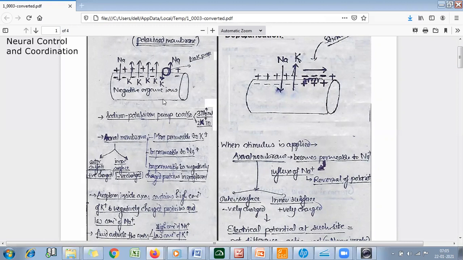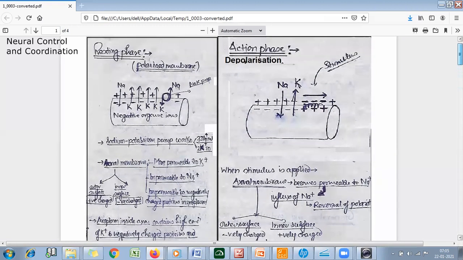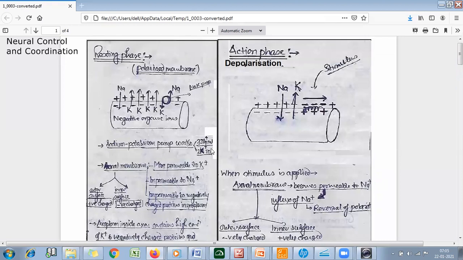We will see some details: in this state, the resting phase, the sodium potassium pump works. Due to the sodium potassium pump, it brings potassium inside and throws sodium outside. It brings 2 potassium inside and 3 sodium outside.